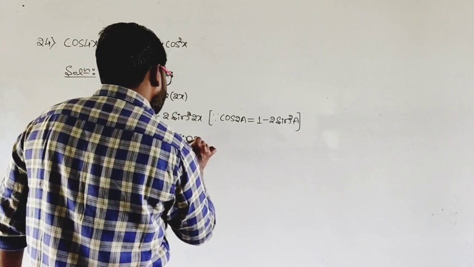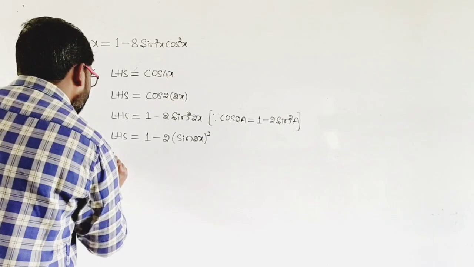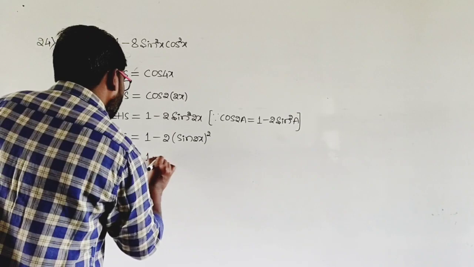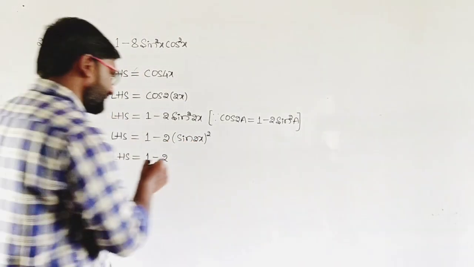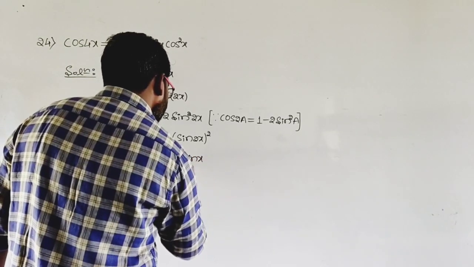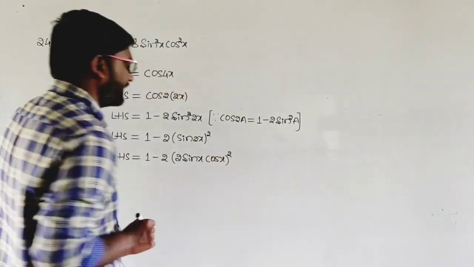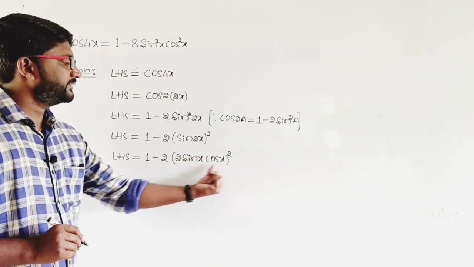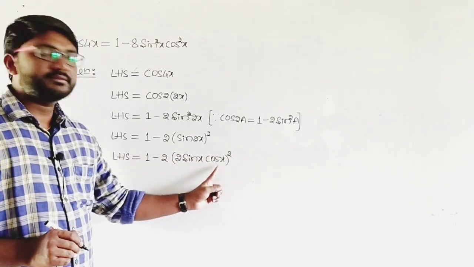Now LHS equals 1 minus 2 times, the formula for sin 2x is 2 sin x into cos x, the whole square. We have applied the double angle formula sin 2x equals 2 sin x into cos x. Now the square applies to the first term, second term and the third term.